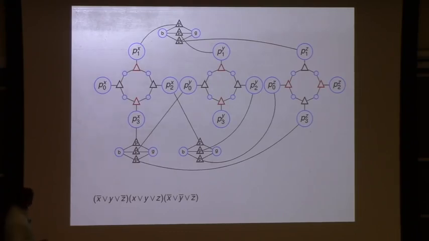That's the 3D matching. What does this thing correspond to? Assigning x to false, right? No, assigning x to true. Which one was this?